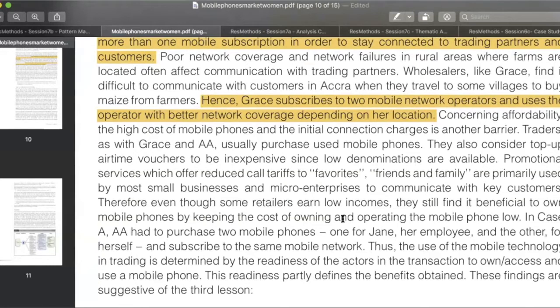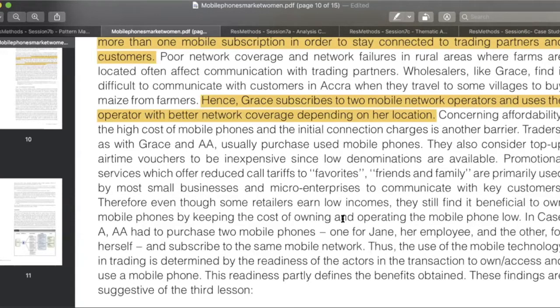Promotional services which offer reduced call tariffs to favorites, friends, and family are primarily used by most small businesses and micro enterprises to communicate with key customers. Therefore, even though some retailers earn low income, they still find it beneficial to own mobile phones by keeping the cost of owning and operating the mobile phone low.